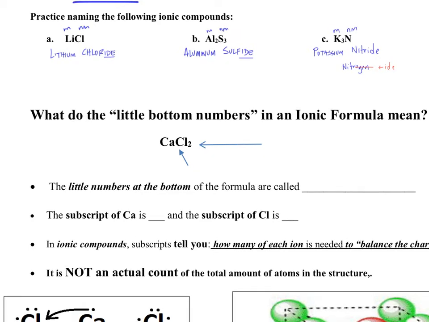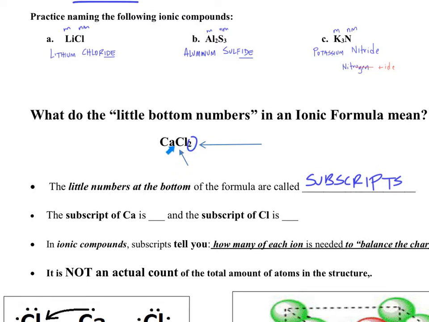All right, so what do the little bottom numbers in the ionic formula mean? Well, the little numbers at the bottom are referred to as subscripts. And the subscripts tell me how many atoms I have in a compound. Okay? If, for example, this 2 right here, this tells me that I have 2 chlorines.